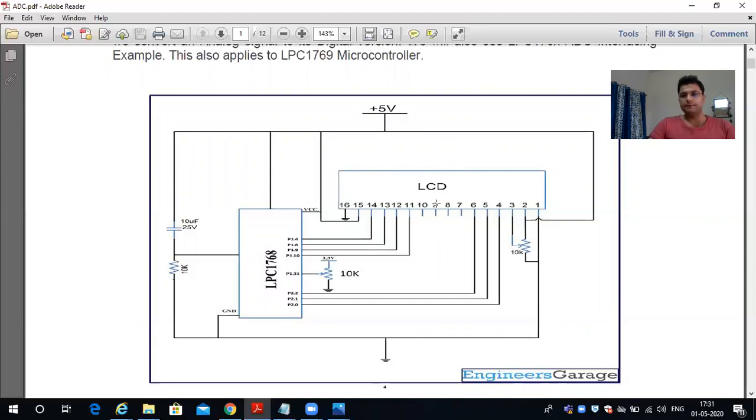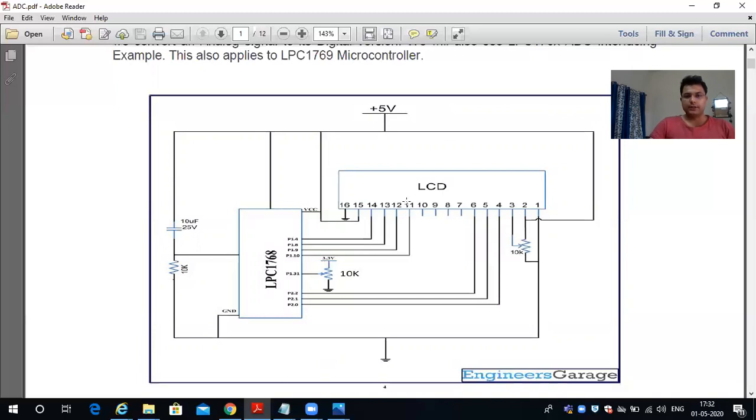And this is the LCD. The idea here is that whatever input we get over pin 1.31, we will later display over the LCD. These LCDs are working in 4-bit mode. So pins 4, 8, 9, and 10 of port number 1 are connected to pins 11, 12, 13, and 14, that is data lines D4, D5, D6, and D7.